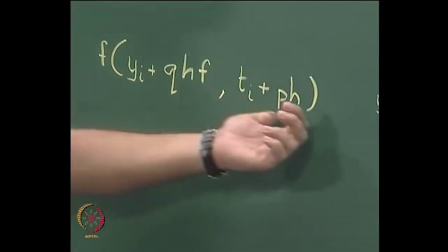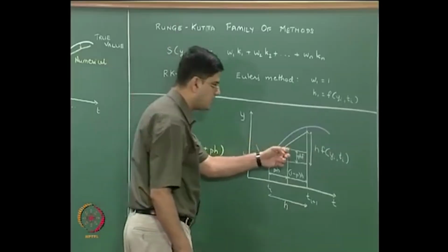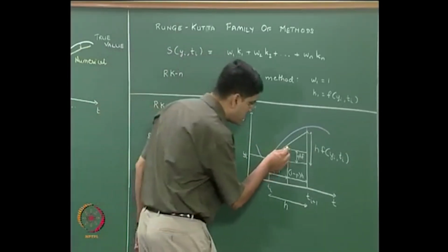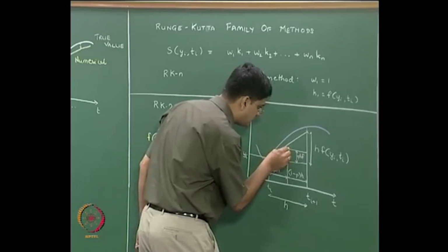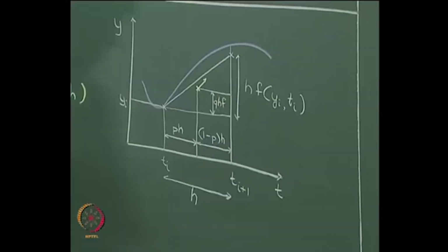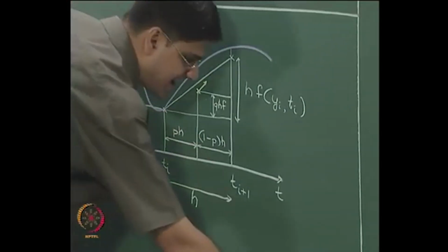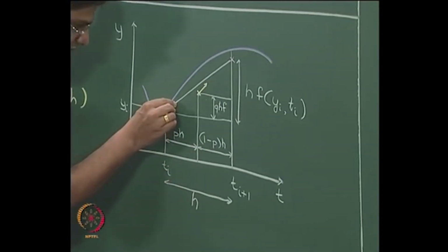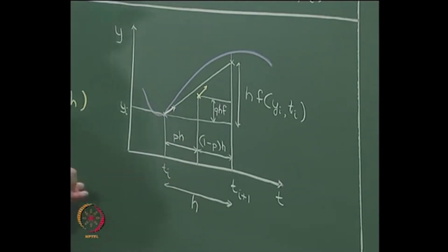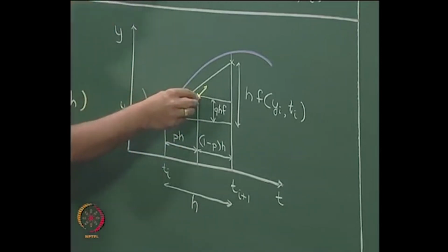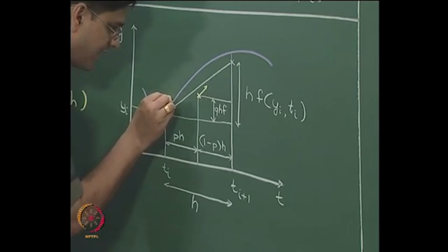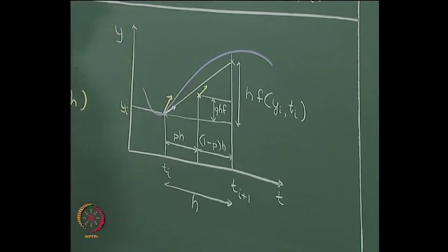Okay. So this is the slope that is computed at this yellow point. The slope computed at this yellow point perhaps is going to look somewhat like this. So the slope computed at the point yi, ti is this white arrow over here. The slope that is computed at this yellow x, we are going to just show as this yellow arrow. Okay.